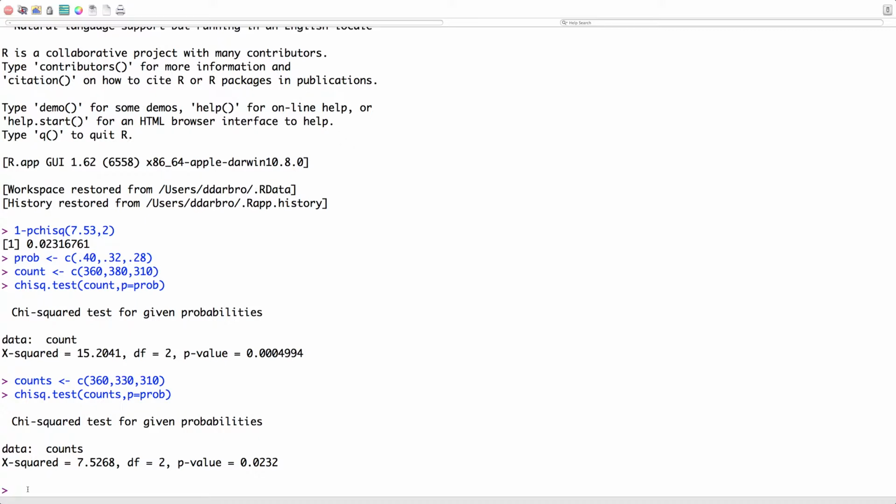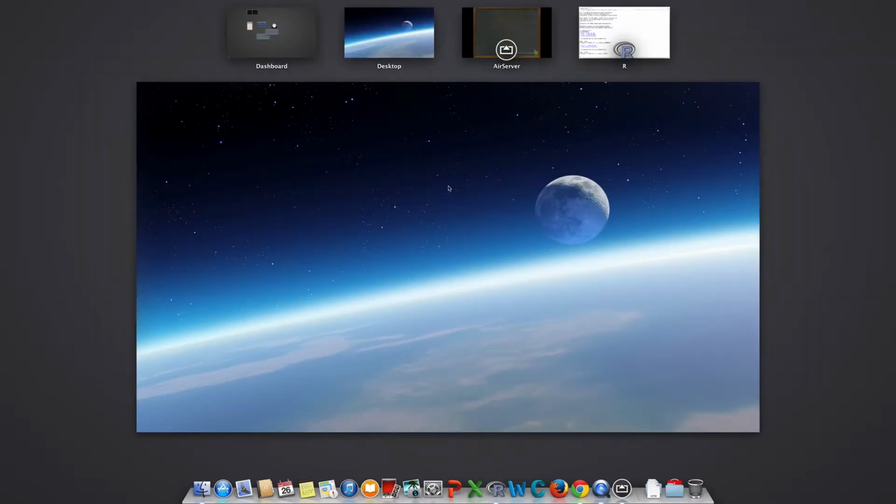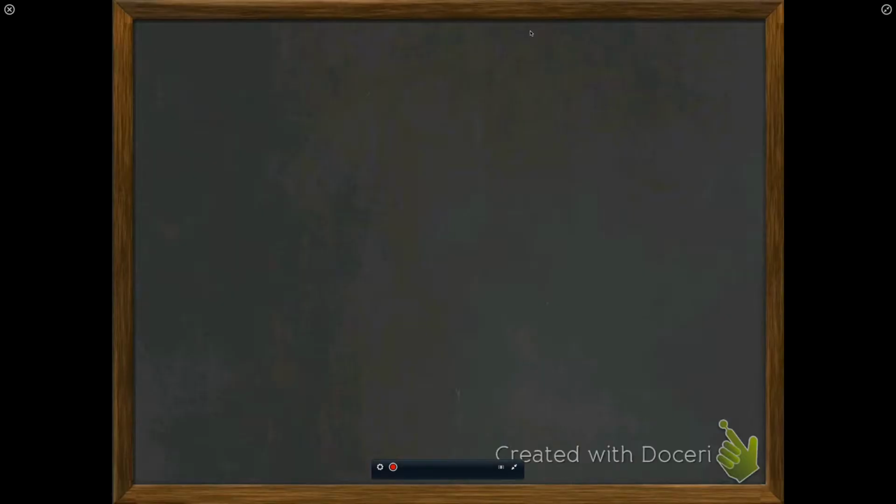All right, gang, let's get into what I think is the most important part of this. Okay, getting everything set up here. What I want to illustrate now is the chi-square test of independence.